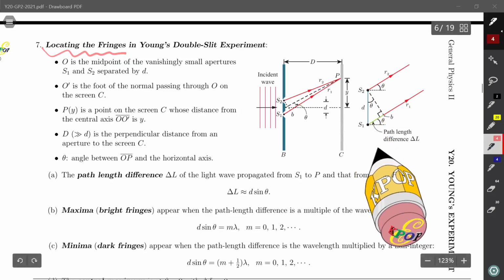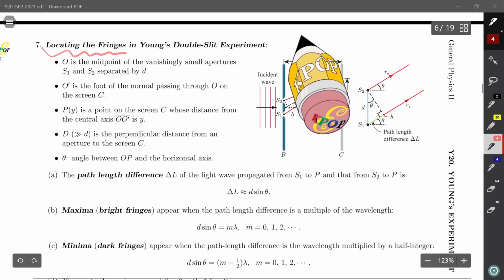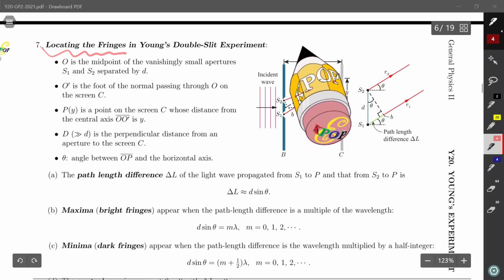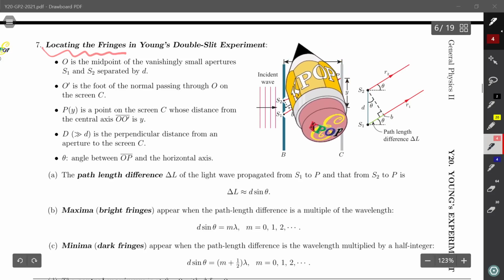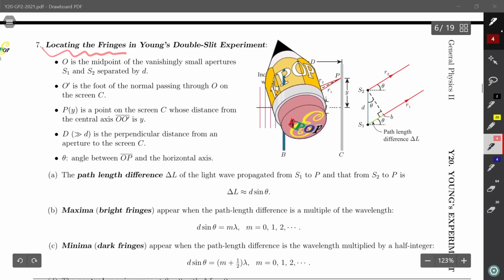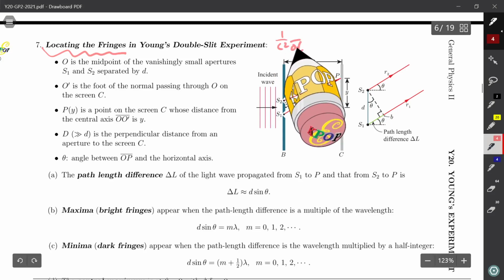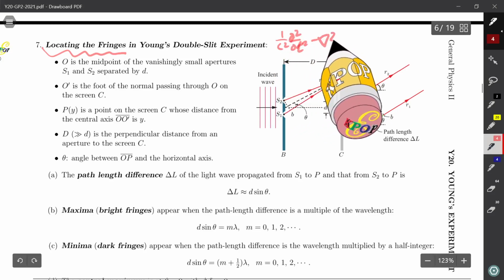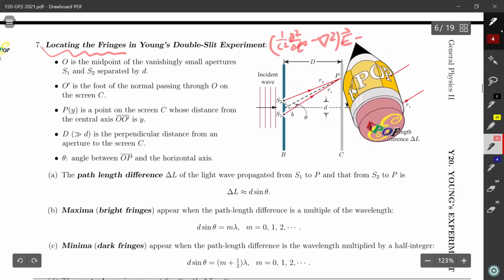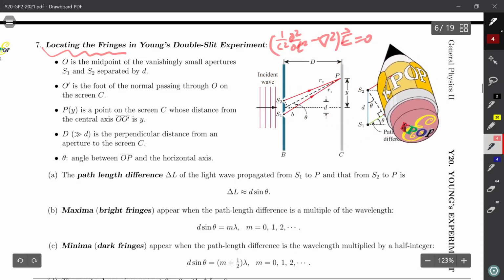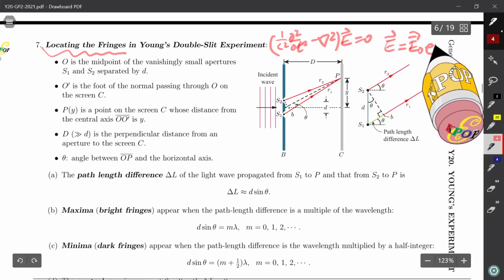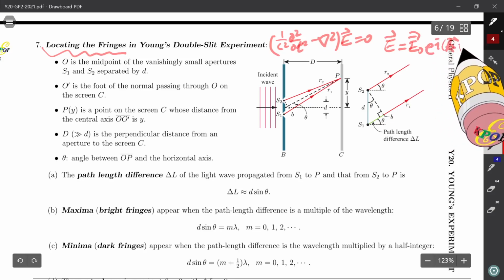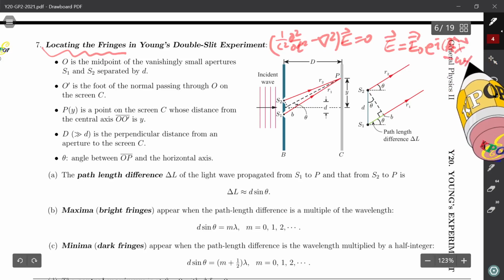The light wave has a structure. The wave function of the light wave can be represented by the electric field, and we know that the electric field satisfies the wave equation. The solution to this wave equation is some amplitude times e to the i (k dot x minus omega t).